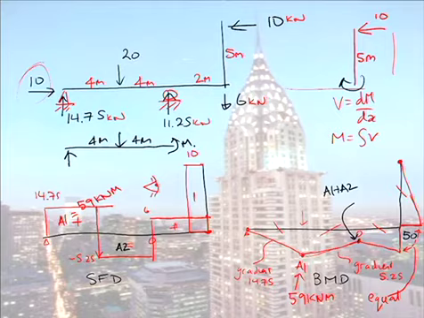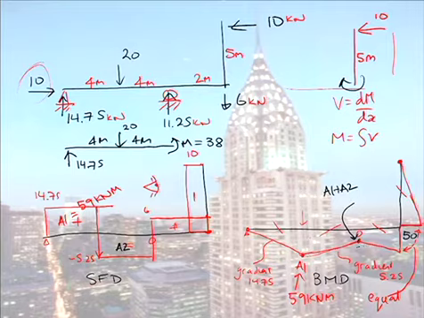And calculate that value of moment based on a load of 20 and a reaction of 14. And when you do so, that moment works out to be 38. So it looks hard, but can you see I'm applying the same rules every time? And I'm using equilibrium every time. So have a think about that one and we'll move on.